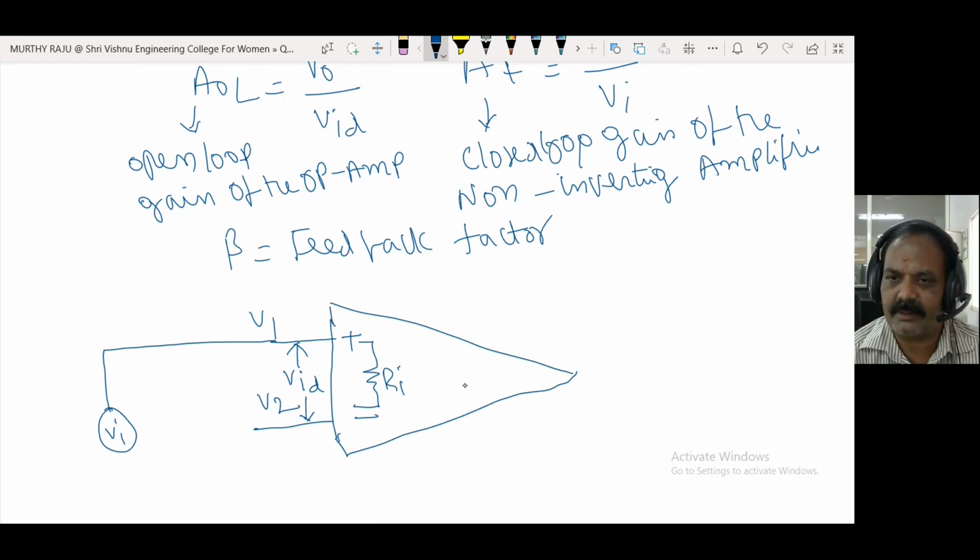Here some output resistance R0 is there, with a dependent voltage source, AOL, the open loop gain of the operational amplifier, times VID. This is connected to ground.